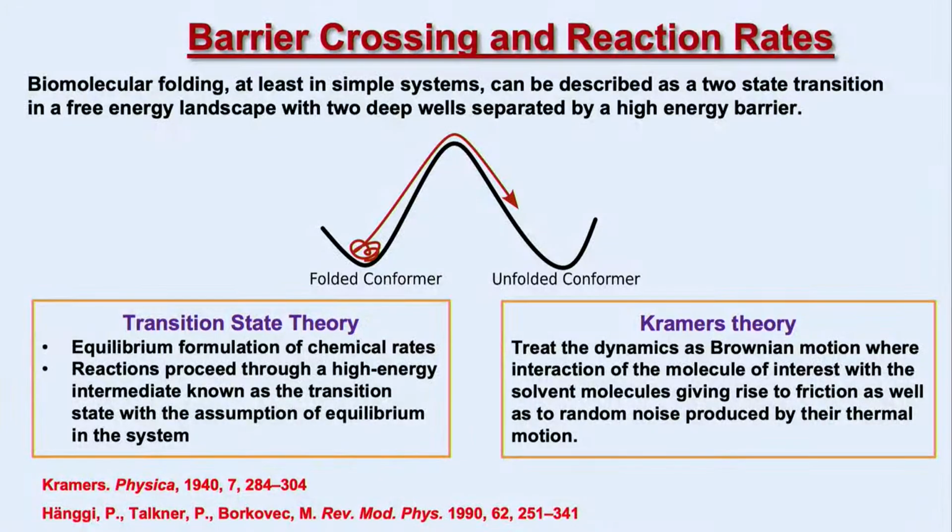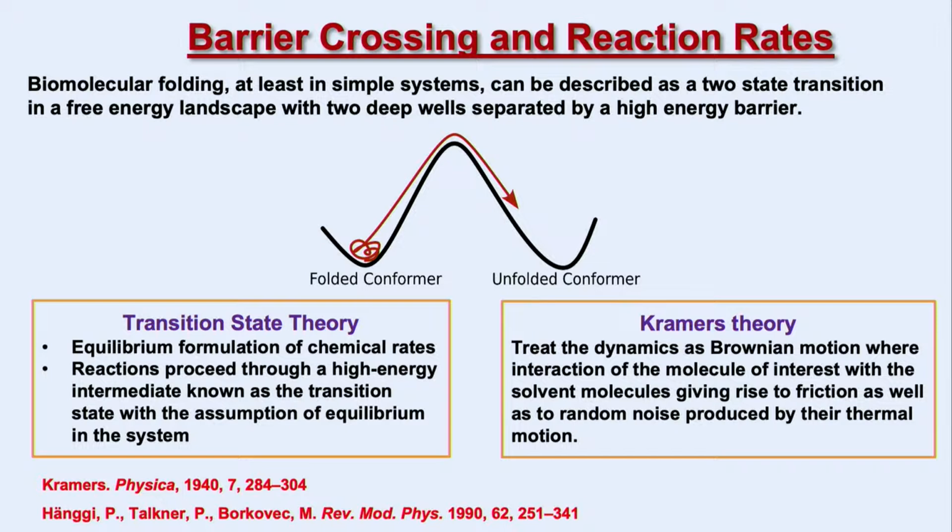In the context of barrier crossing rates or reaction rates, one of the most remarkable theories is transition state theory, which, as all of you know, is based on the equilibrium formulation of chemical rates, where reactions proceed through a high energy intermediate called the transition state, assumed to be in equilibrium with the reactants.